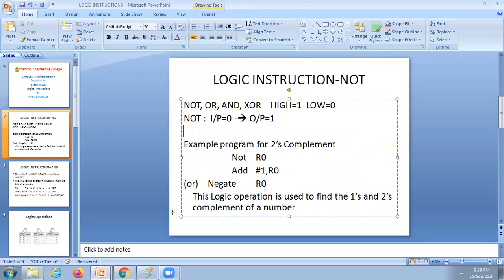Similarly, if input is 1, then output is 0. That is called NOT operation. The output is the complement of the input. That is negation. If input is 0, output is 1. If input is 1, output is 0. This is called NOT operation. I think all of you have studied this already, and I am just reminding you.